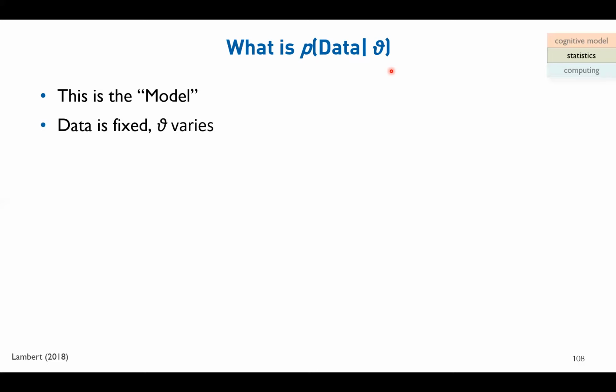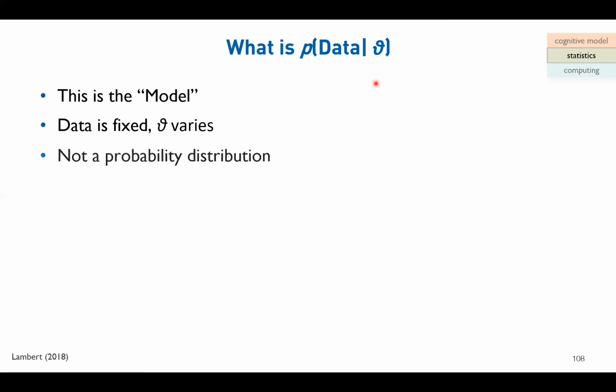But you have to be extra careful in the sense that if this is a probability, then the theta part is fixed, right? So then this one is changing, okay? But in this case, if we have observed some data, then the data is fixed, and the theta changes.